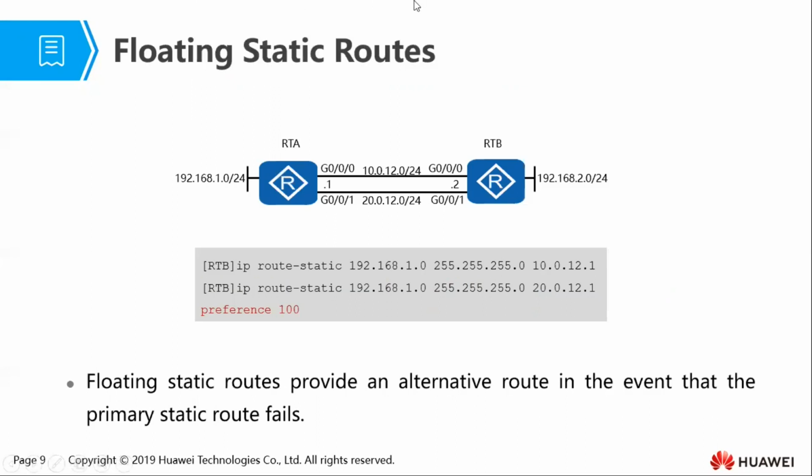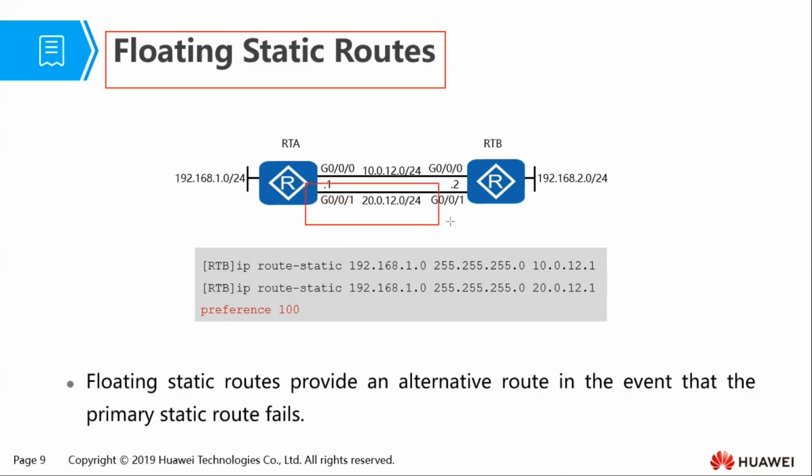So there's also a concept of floating static routes, very important. Floating static routes is easy because it's simply altering the preference value of one of the static routes so that it can act as a backup. So you don't want that route to be installed in the routing table. So in this particular example, we want to change the preference of this route to a higher preference value so that it can act as a backup.